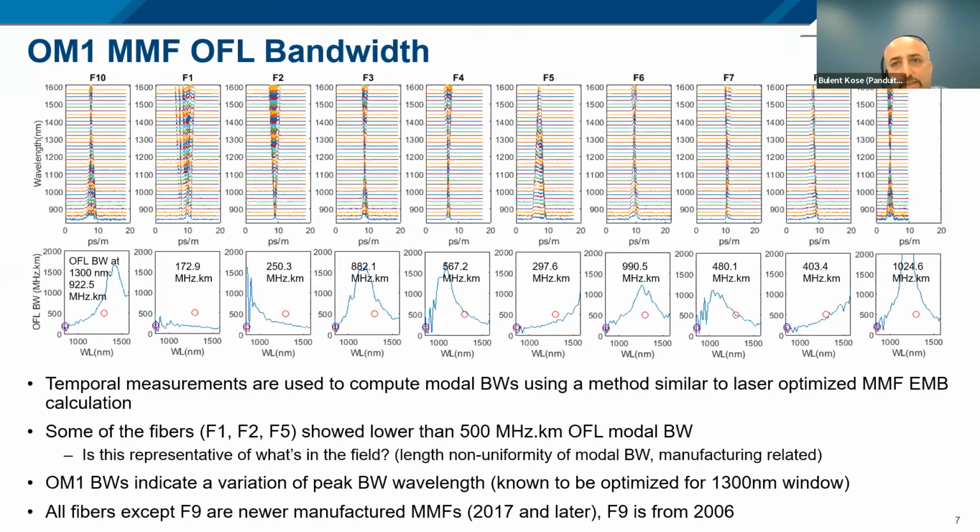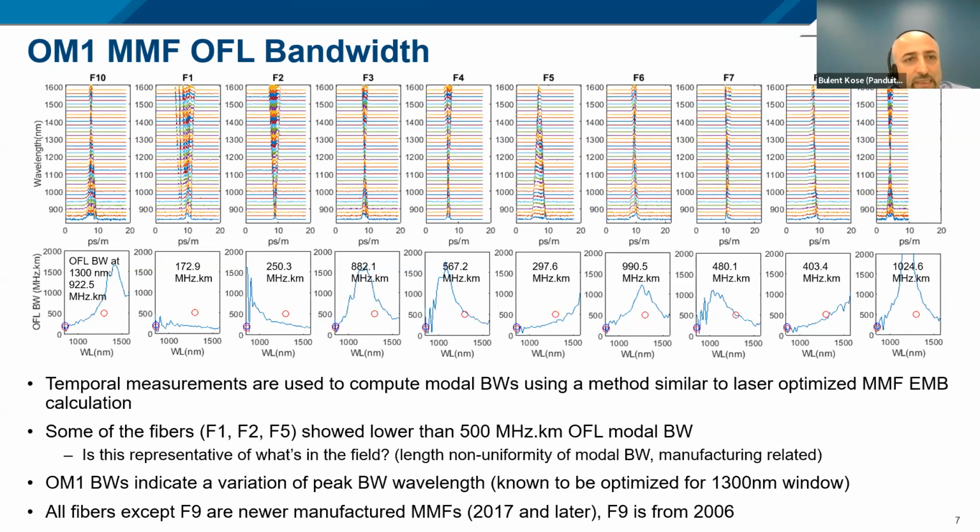Here are some graphs that show our measurement results. In the upper section, I'm showing 10 of these fibers, as I mentioned. We see the temporal pulses that are measured at each wavelength. These pulses are just single pulses. It's not like a differential mode delay measurement. We're not offsetting, which I actually did also for some of these fibers.